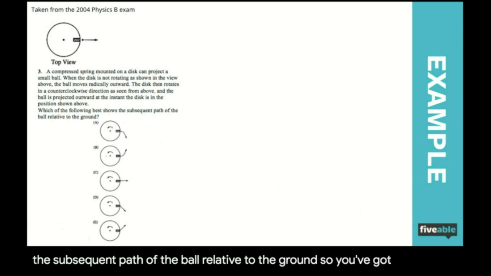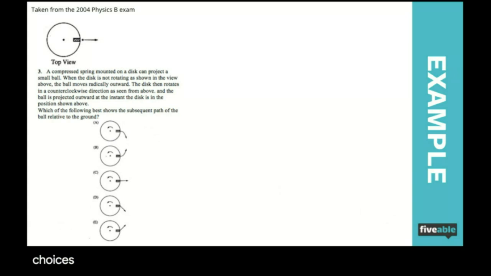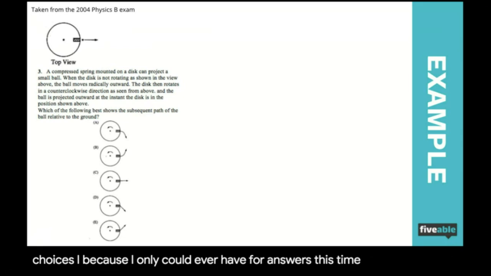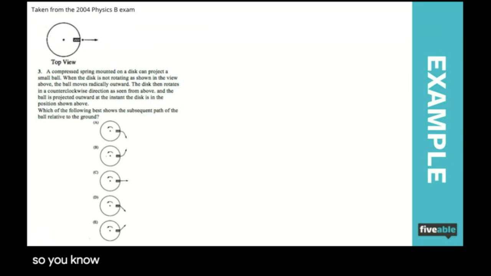So you've got 5 choices. Because I can only ever have 4 answers this time, choose B, C, D, or E. So A is not right. But I will open this up and see what you all think about this one. See what you can come up with.